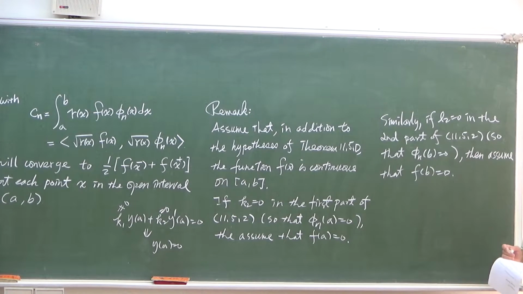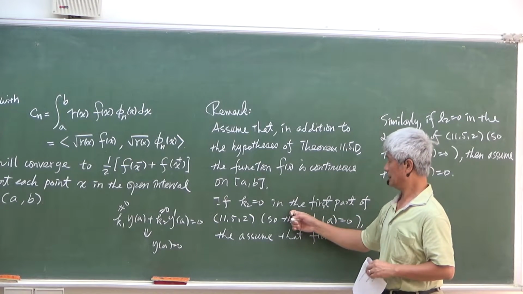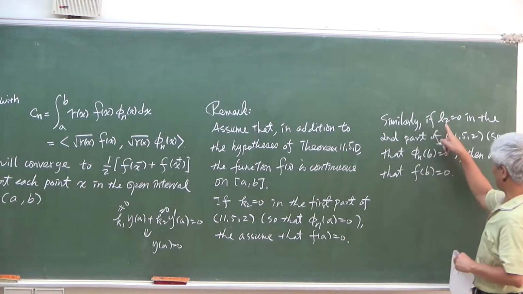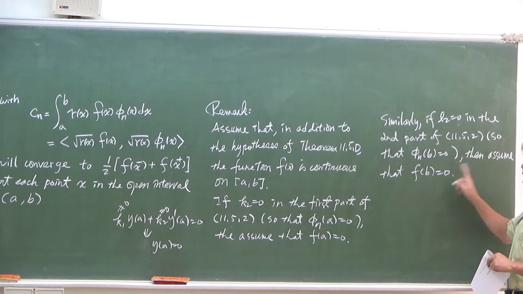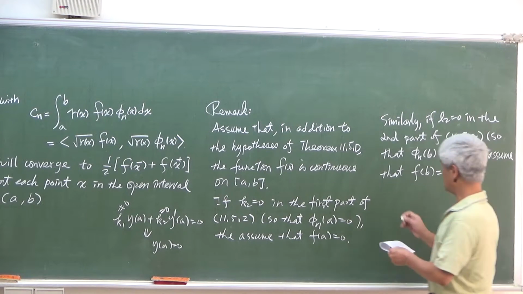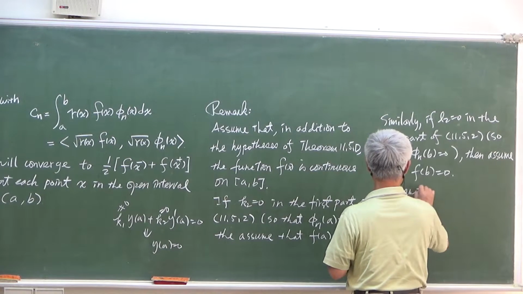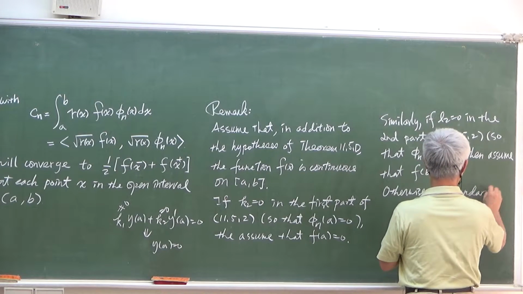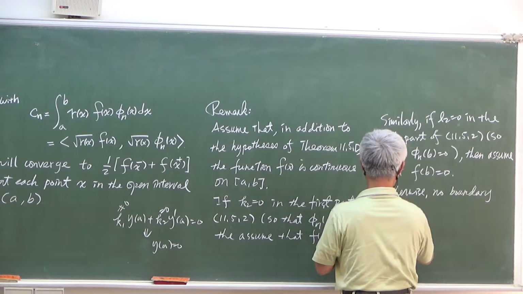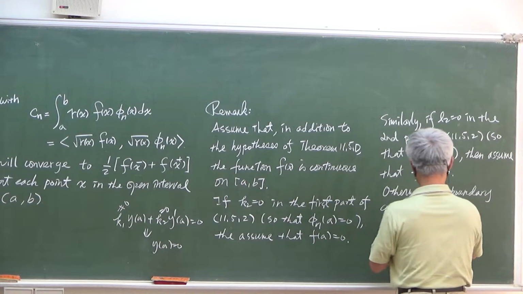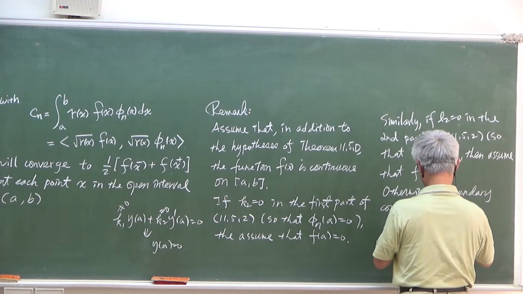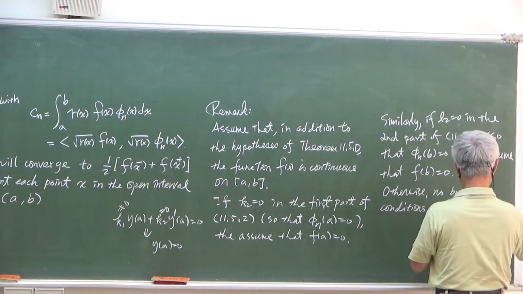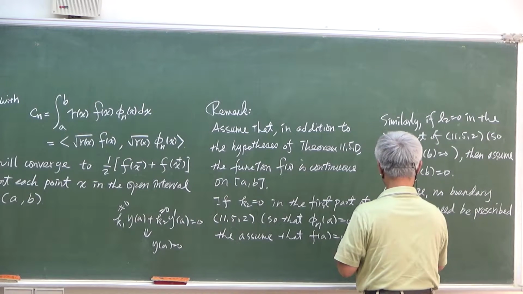So we have to make further conditions. If k2 equals 0, we have to assume f(a) equals 0. If l2 equals 0, we have to make another assumption that f(b) equals 0. Otherwise, no boundary condition needs to be prescribed for f(x).